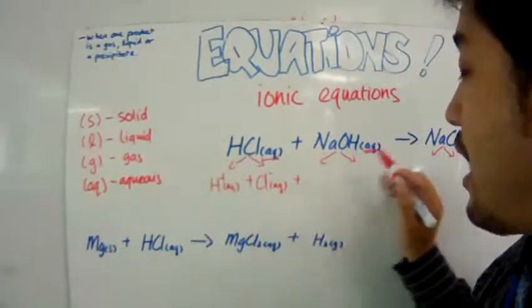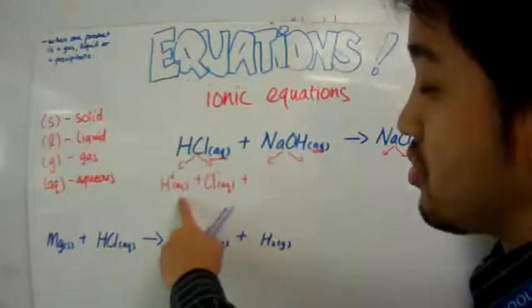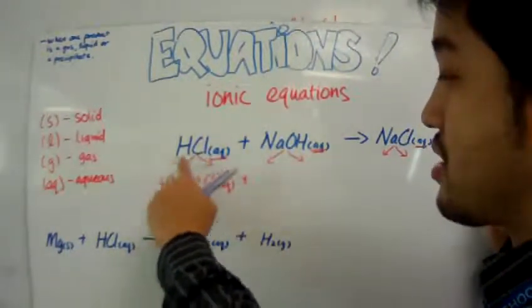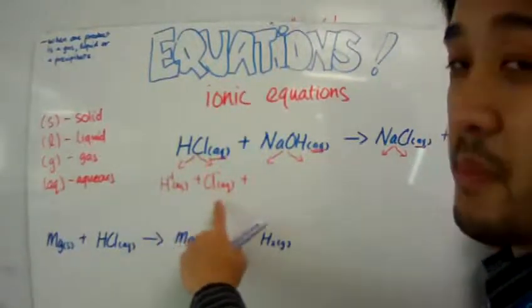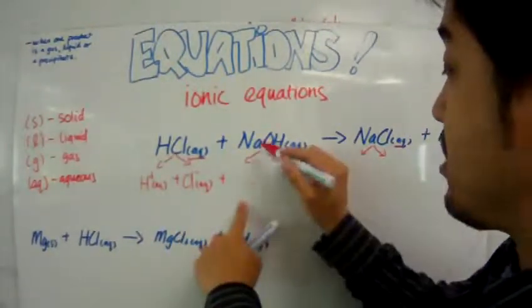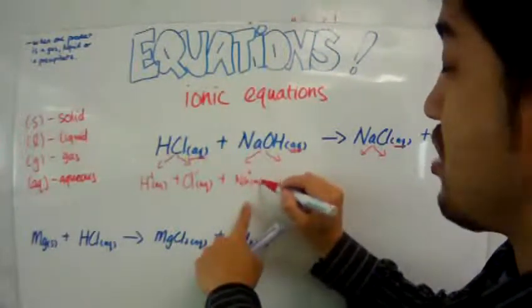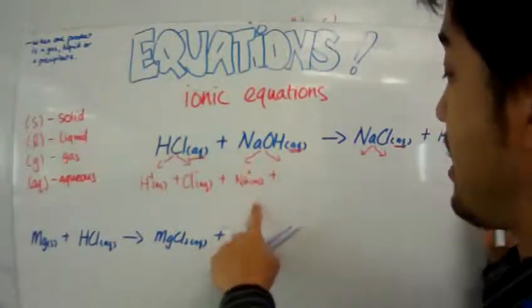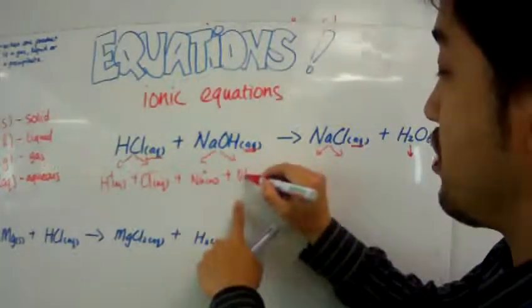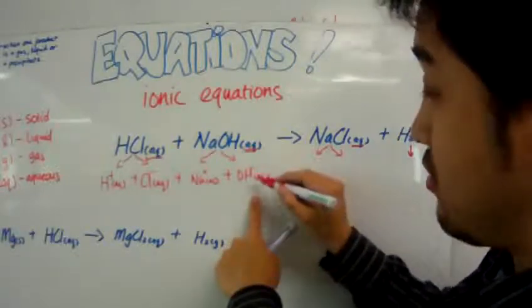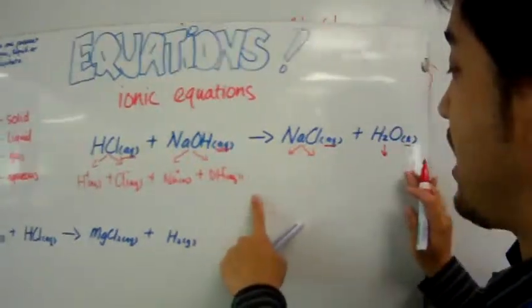Note that I still continue to write the state symbols as I broke these substances up into their respective ions. Sodium will be formed, so sodium has a plus charge. You should know your charges by now, folks. And hydroxide will be OH minus. Remember, hydroxide is not HO, it's OH.